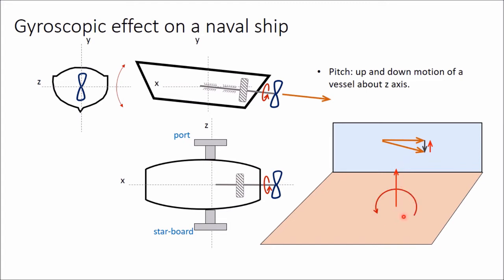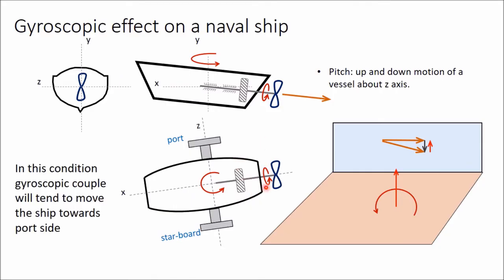So you have to apply one anti-clockwise couple, then you will get this reactive gyroscopic couple vector. The effect of this gyroscopic couple will be to turn this bow towards the port side. So the gyroscopic couple will tend to move the ship towards the port side.